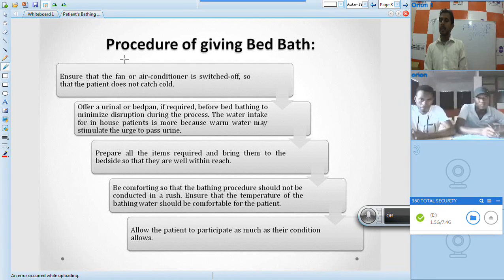While giving the bed bath, you must ensure that the fan and air conditioner are switched off so that the patient does not catch cold during the bathing process.